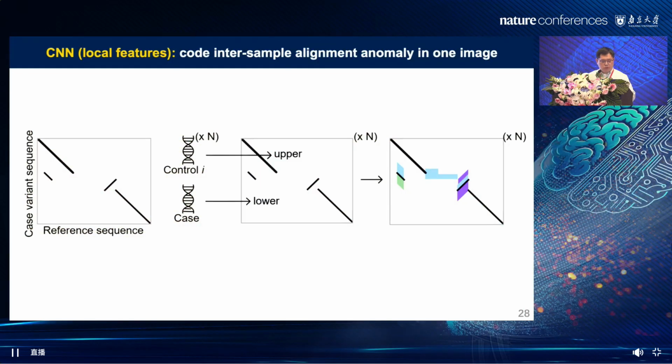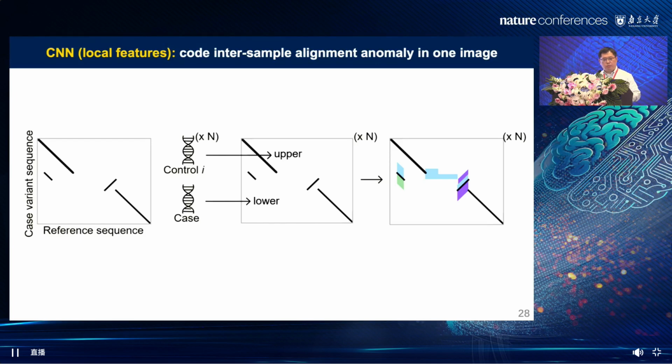So instead of comparing two images, we try to code the multiple sample information into one image, because the previous representation of two sequences is quite empty, this plot. So we're able to code multiple samples into one image. For example, we can code the case genome information in the lower left corner, and the control genome information in the upper right corner.